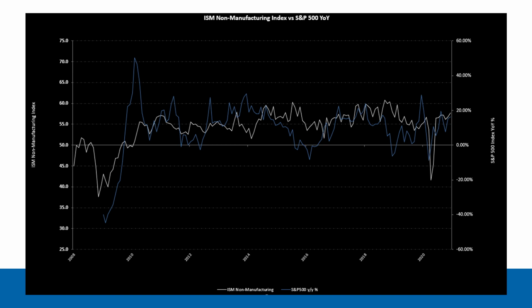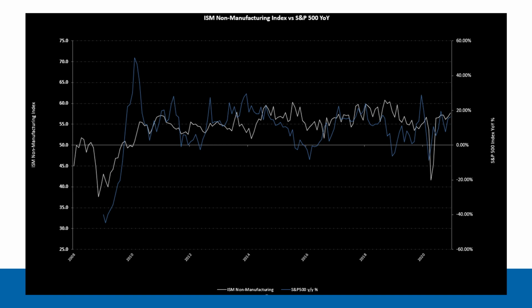What level of stock market performance would we expect when the non-manufacturing index and even the manufacturing index are below 50, and what is that associated with? So we're understanding business cycle history here and what type of S&P 500 returns, US stock market returns, are associated with US PMIs in the manufacturing and non-manufacturing sector during normal and abnormal conditions.